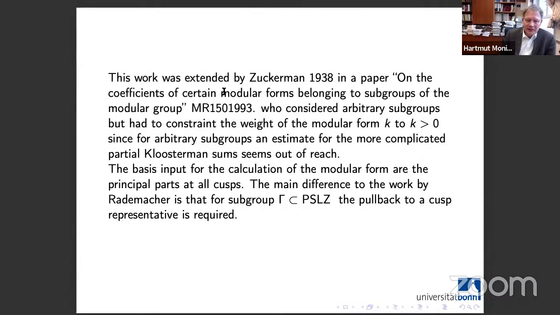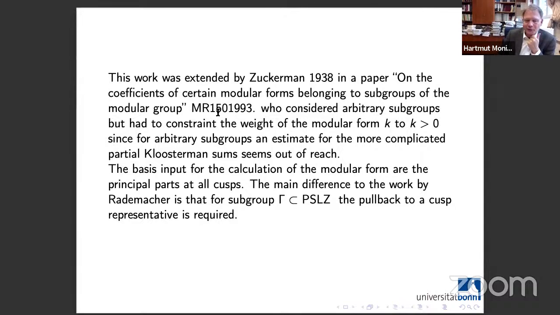Now, this work was extended by Zuckerman, and there's a 1938 paper on the coefficients of certain modular forms, which I think nobody much looked at, for non-congruence subgroups, but you can actually generalize that. And in fact, what Zuckerman did is sufficient for any modular group.